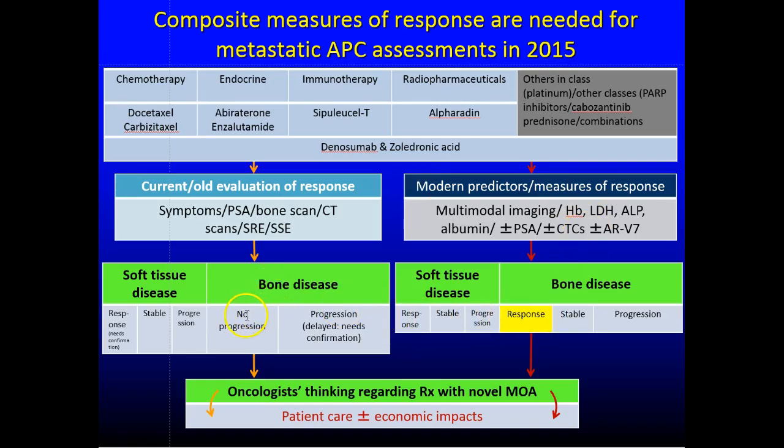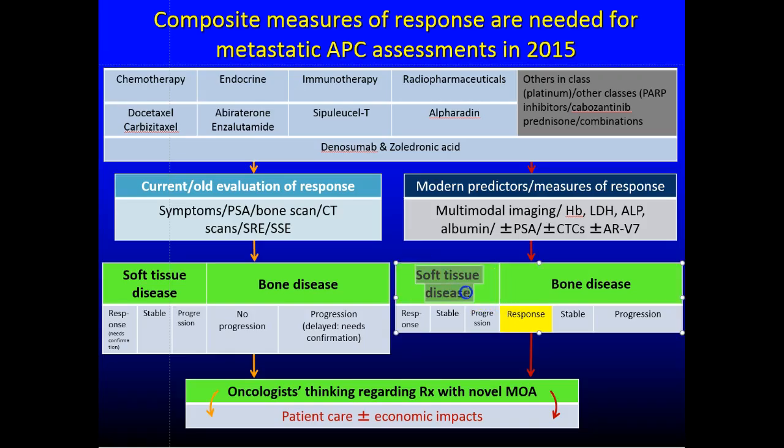So patients either have progression or no progression, and that's how that's communicated to oncologists. With the new types of imaging that I'm talking about, and the use of serum markers and PSA, we will be able to change this now and treat bone disease very much the same as we treat soft tissue disease.